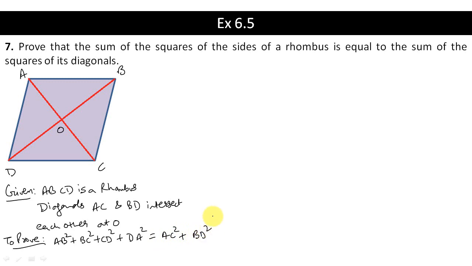The sum of the squares of the sides is equal to the sum of the squares of the diagonals. This we have to prove.